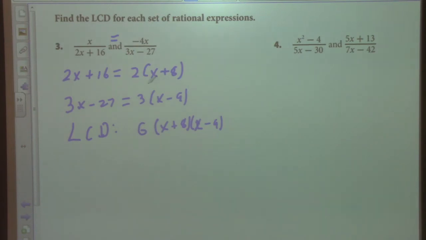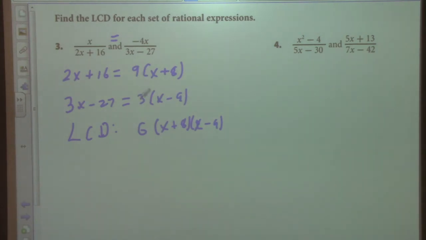Now, let's say instead of 2 and 3, you had 9 and 3. What would be your least common denominator if you had 9 and 3? 3?